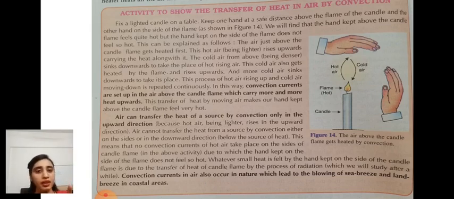Understood? Air can't transfer the heat from the source by convection either on the side or in the downward direction. This means that no convection currents of hot air take place on the sides of the candle flame, due to which the hand kept on the side of the flame doesn't feel so hot.